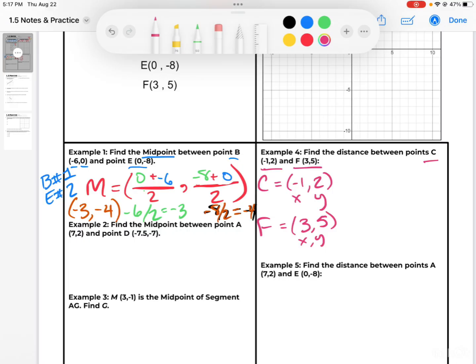And so again, to start off with, I need my formula. So I've got distance equals the square root of x2 minus x1 squared plus y2 minus y1 squared. And I need to decide which point is going to be number 1 and which point is going to be number 2.